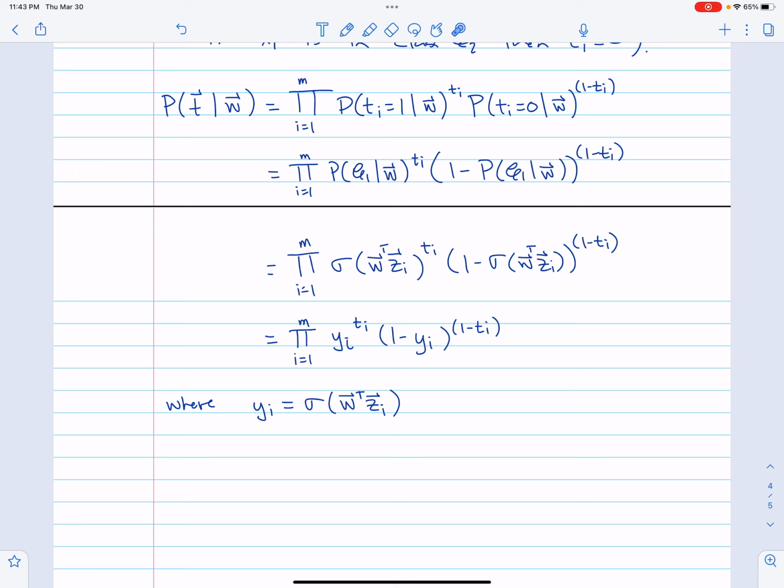So essentially think of it, if we've selected a good parameter vector w, then it should give us a high likelihood of the vector t, which are the labels that we actually see in our data set. That vector should be highly probable given the choice of w.